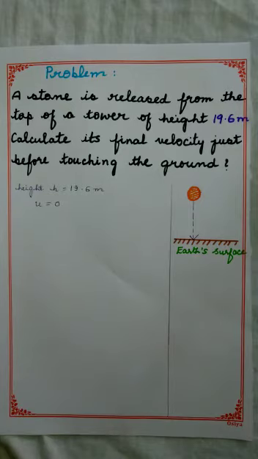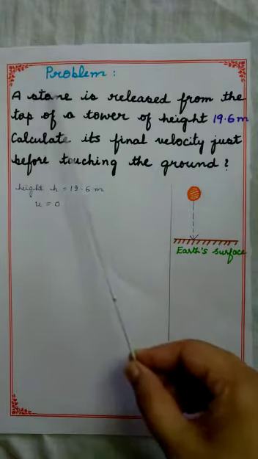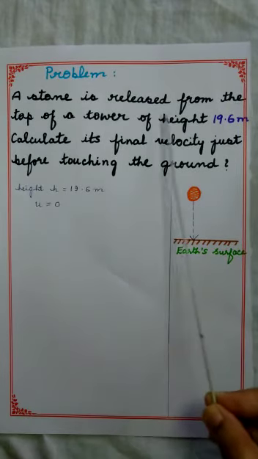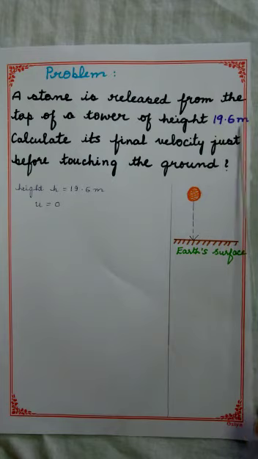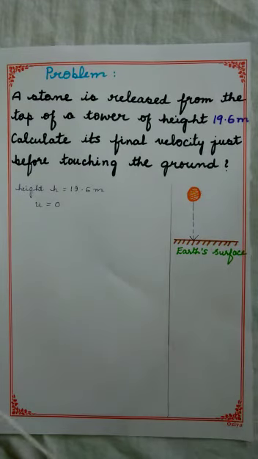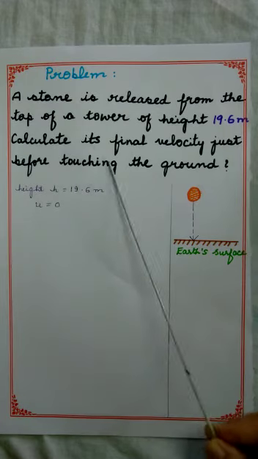Let us solve a problem which is based on gravitation. A stone is released from the top of a tower of height 19.6 meter. Calculate its final velocity just before touching the ground.